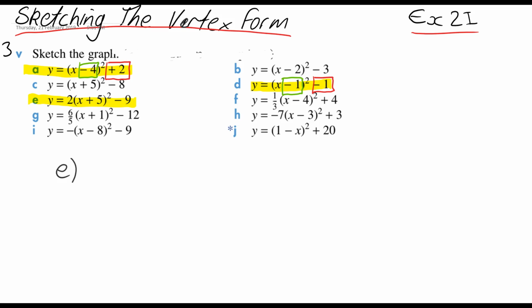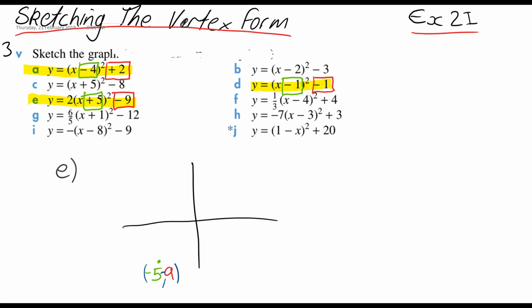Let's get started. The first thing I'm going to do is just read off the vertex form, which is -5, because that's plus 5 in the brackets, and -9, because that's -9 on the outside. So I'm just going to draw the point -5, -9.